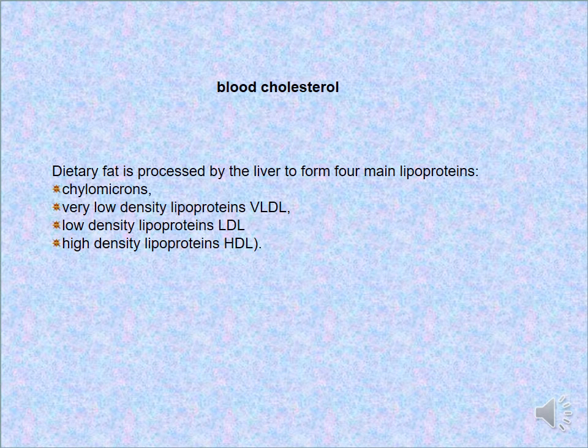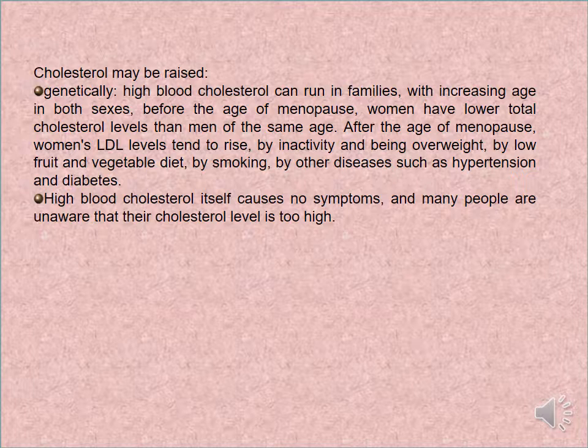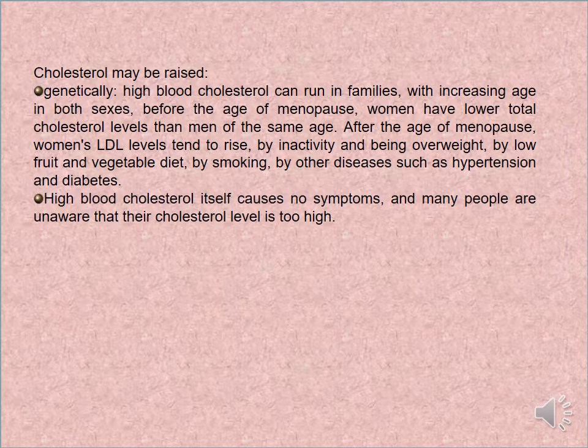The blood cholesterol. The dietary fat is processed by the liver to form four main lipoproteins: chylomicron, very low density lipoprotein, low density lipoprotein, high density lipoprotein. Cholesterol may be genetic. High blood cholesterol can run in families with increasing age in both sexes.